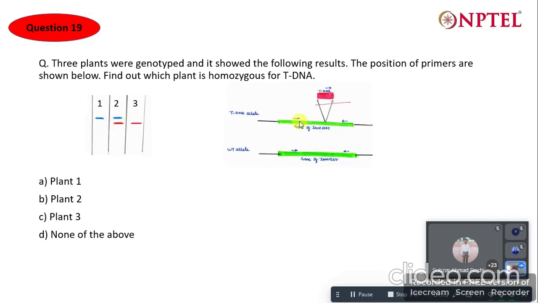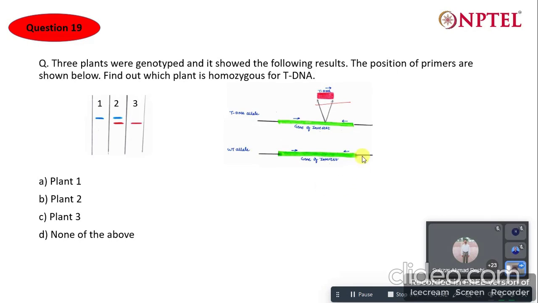Now we consider the tDNA allele, and in that case this primer and this primer will form a product that will be somewhat smaller in size compared to the wild type one. So if the tDNA is inserted into the gene of interest, this small band will be produced in the PCR.